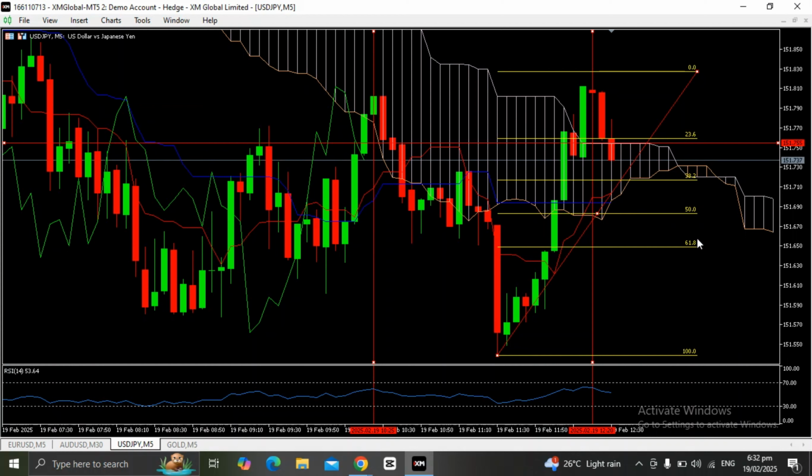So it still needs around 3 minutes to check the outcome between the sellers and the buyers to see which one will prevail, and it will be reflected by a candlestick.